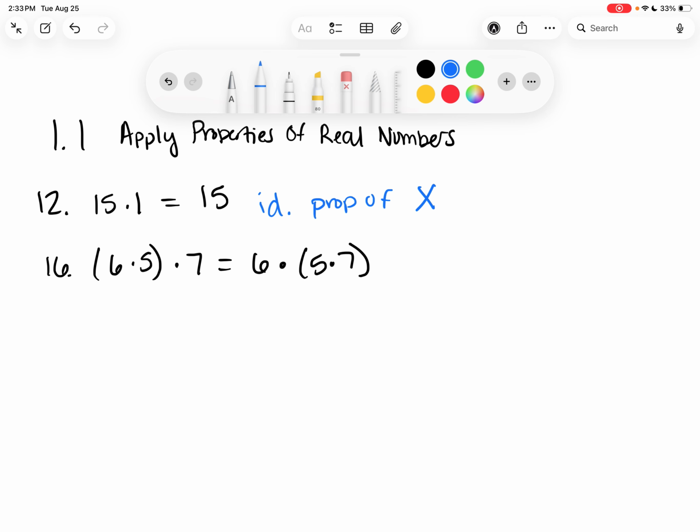Inverse. Which one? I think it's inverse. Associative. Yep, associative. Associative property of multiplication. And again, you need to specify which one it is, if it's of multiplication or addition, because they are different.